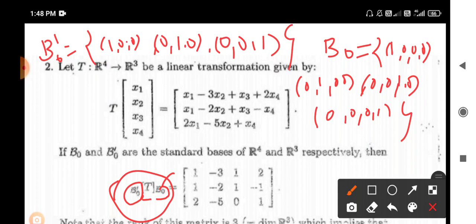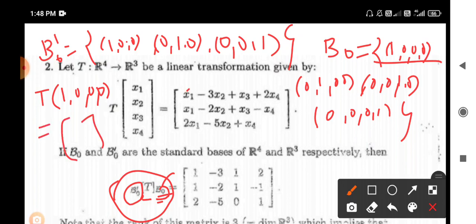Now taking one element in B naught, say 1 0 0 0, it can be written as a linear combination of the basis elements by taking its image. What is the image, T of 1 0 0 0? Substitute the value of x1, x2, x3, x4, then we get the column vector, x1 value 1, all remaining 0, that is 1 in first position, 1 in second position, 2 in third position.